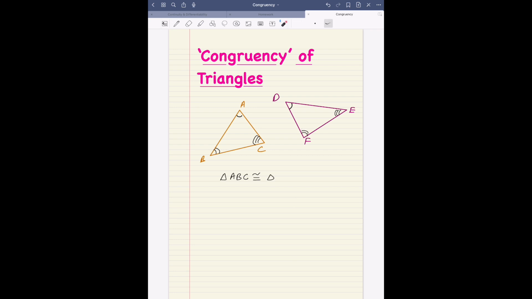Now remember, it is order based. Since angle A and D are equal, we can't write F over here. This is wrong notation.